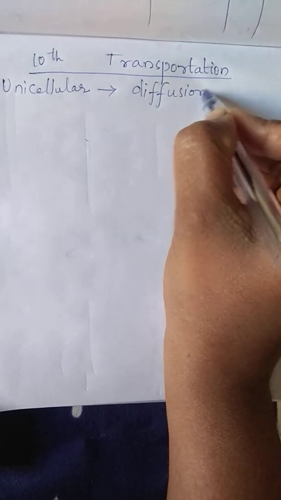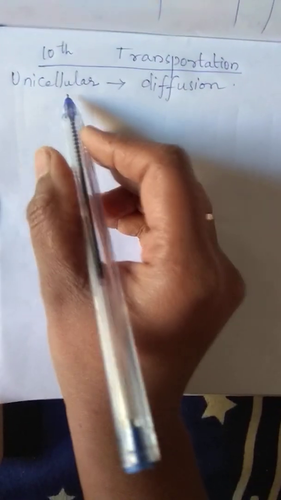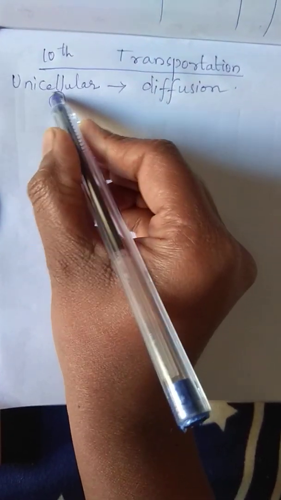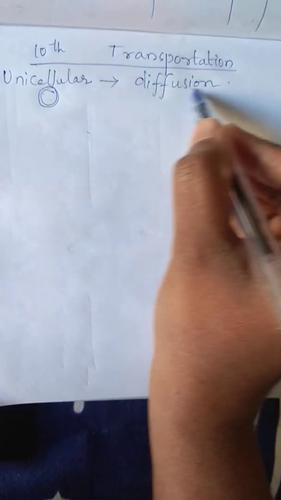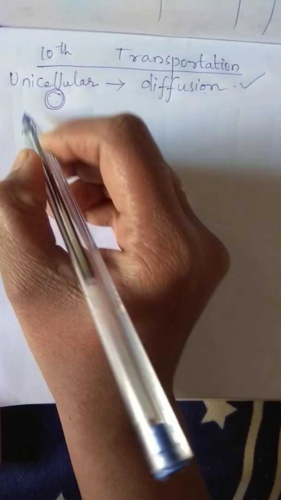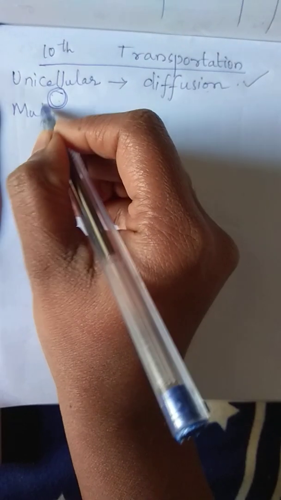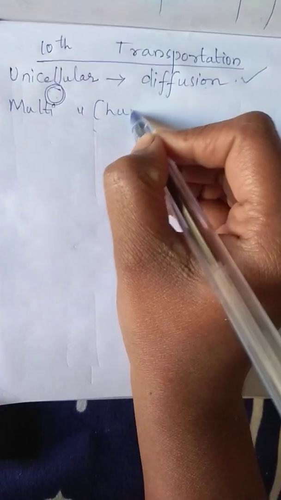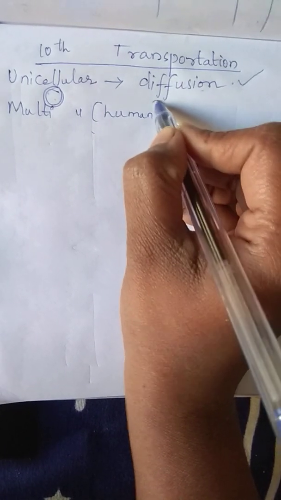The process of diffusion helps in transportation for unicellular organisms because they are so small, only one cell, and diffusion will be sufficient. While coming to multicellular organisms, for example, human beings, our body is very huge.